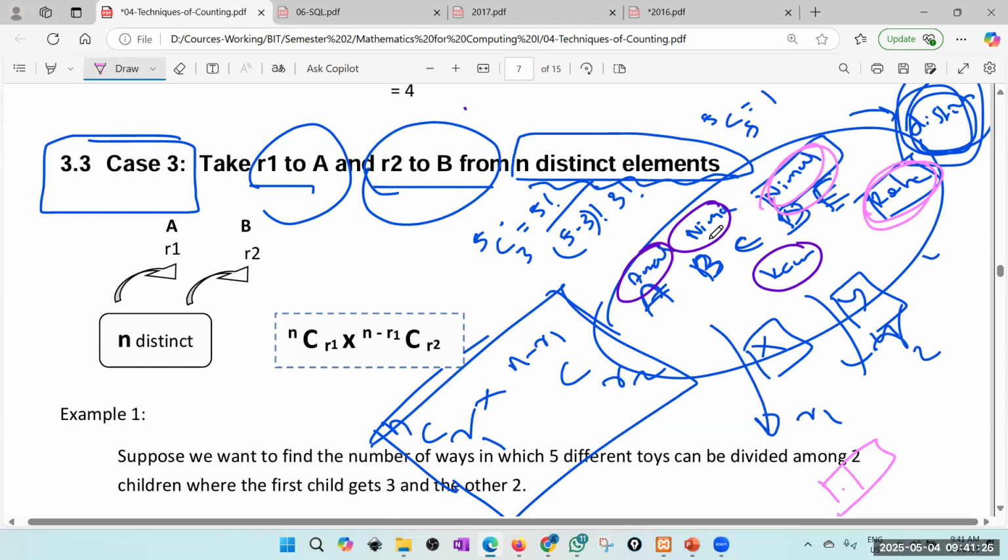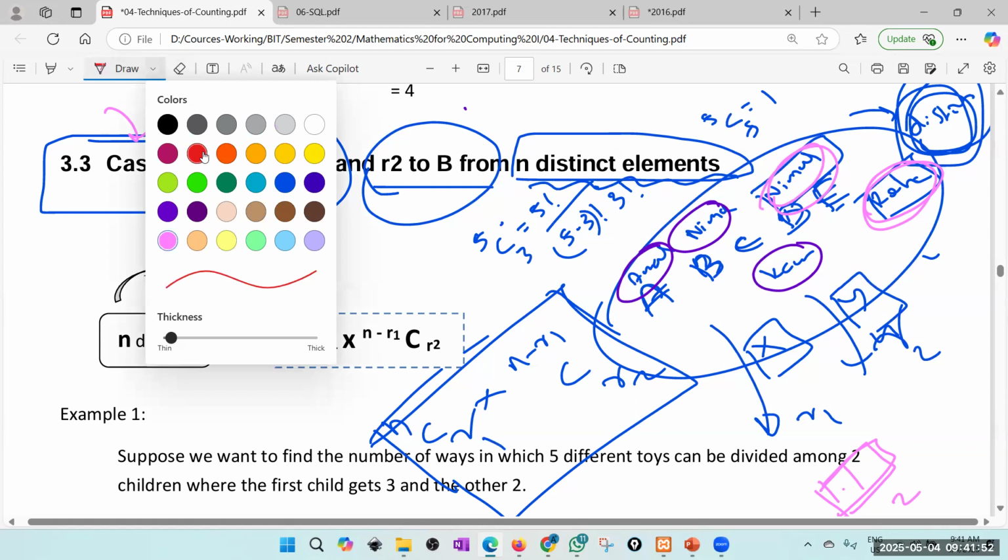These 3 guys are males, these 2 are female. So maybe my requirement is whenever you pick a committee, you need to have at least 1 male. That means 1 male, 1 female, because it's 2. Now it is a case 3 type of question. So therefore, though they are unique, we may have common features among unique people.